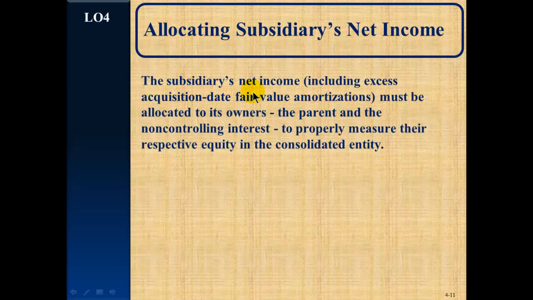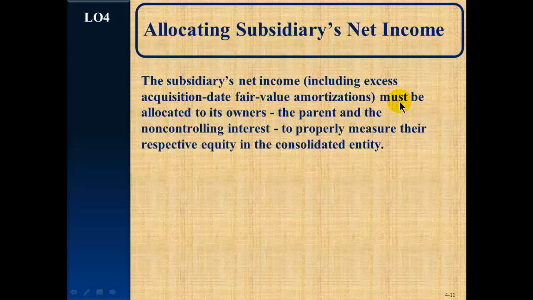Now the subsidiary's net income. As a company, that subsidiary earned net income in a period, a quarter or a year. What we have to do first is determine the excess amortization. If you had to write up your assets to their fair value, that's going to cause some excess amortization, and you have to deal with that.